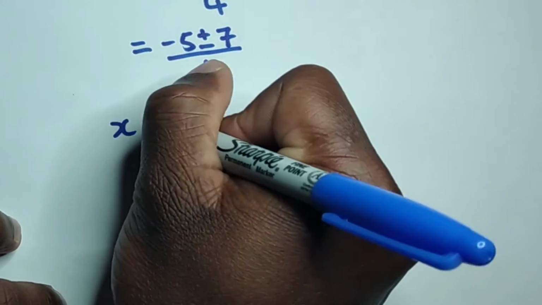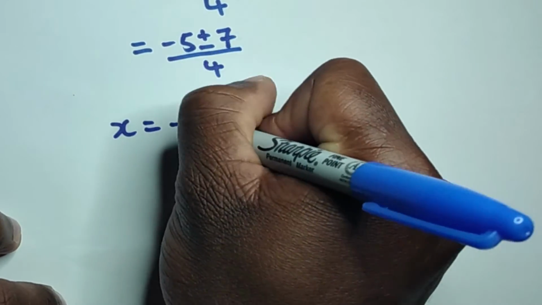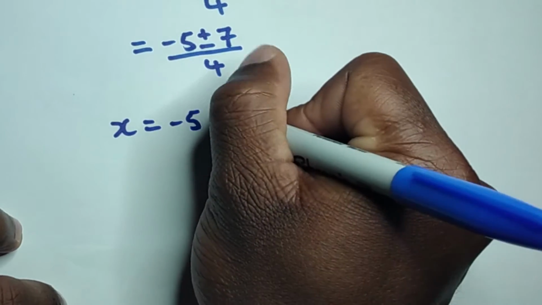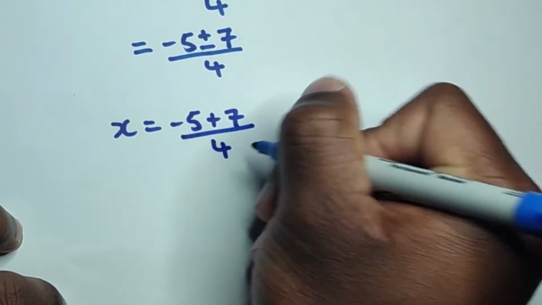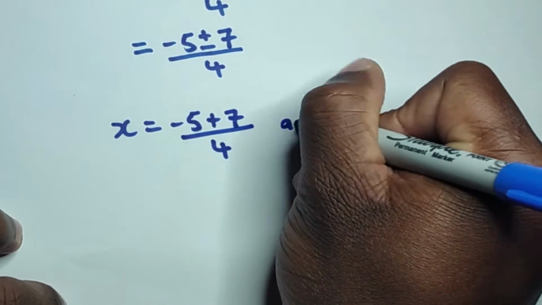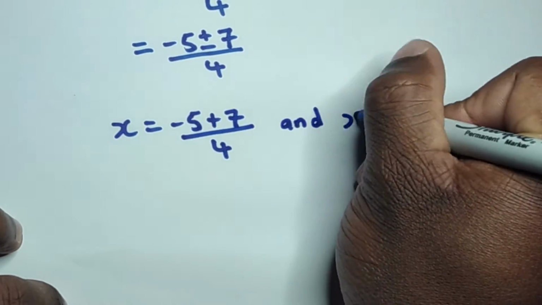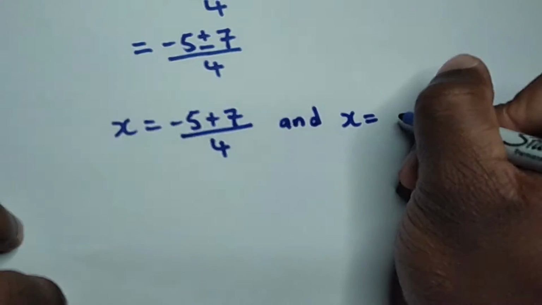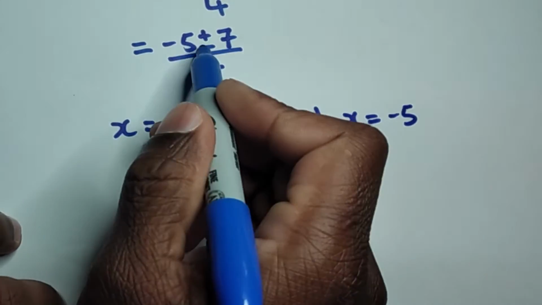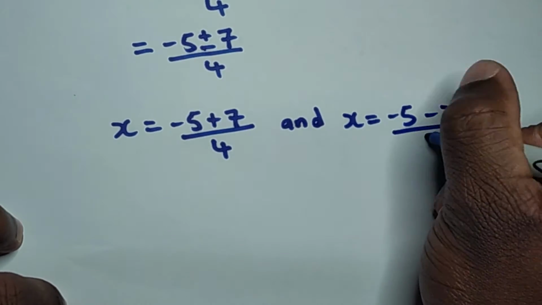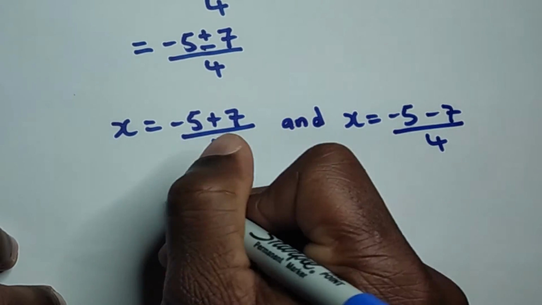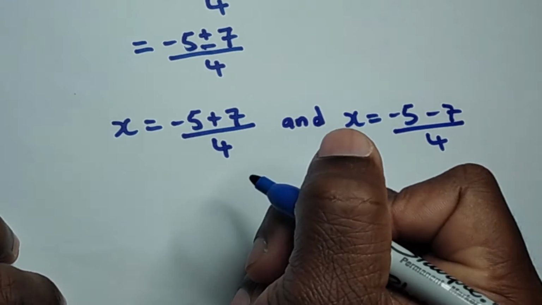So we'll have x being equal to negative 5, and I'll just take the positive sign for now, plus 7 over 4. And we'll also have an x value being equal to, again, negative 5, this time I'll take the minus sign, minus 7 over 4. All right, so what does this give us?